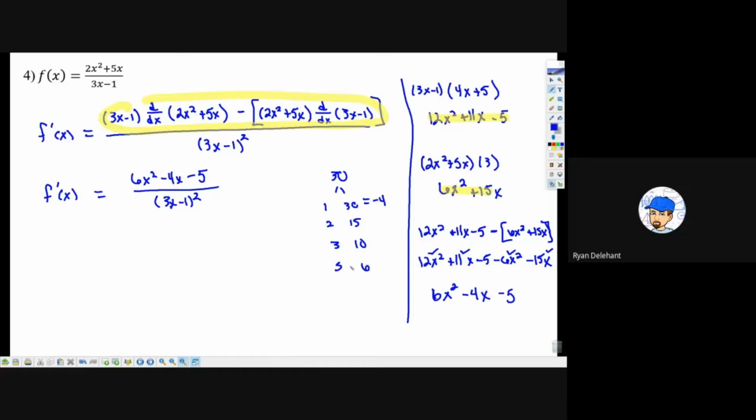But if you go and look at those subtractions, none of those are going to equal negative 4 no matter which way we subtract them. So that's not going to factor on top, and you just really need to check it to make sure that it doesn't factor, because you got to see if there's a 3x minus 1 in there to simplify the answer, but there's not. So we're done with that one.